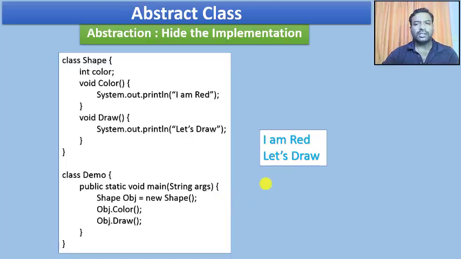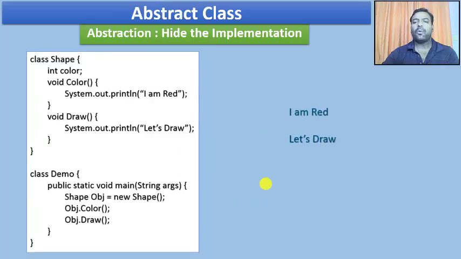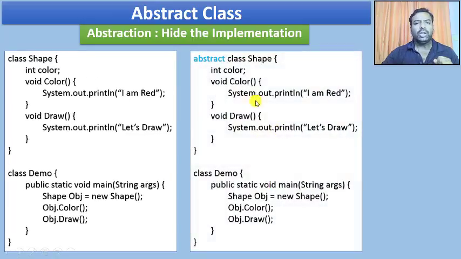Now just look at this program that I have modified. Rather than calling this a class, I'm going to call this an abstract class. Now when I say it is an abstract class, both are not the same. Clearly understand this. What difference does it make?